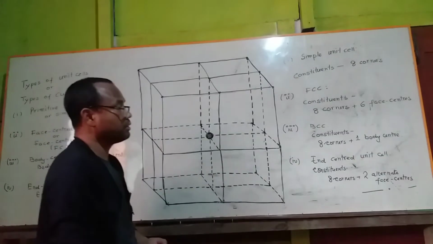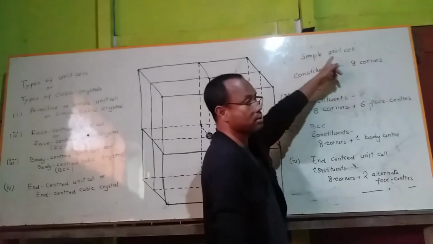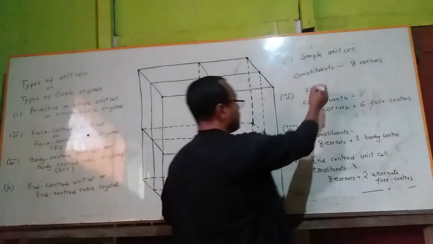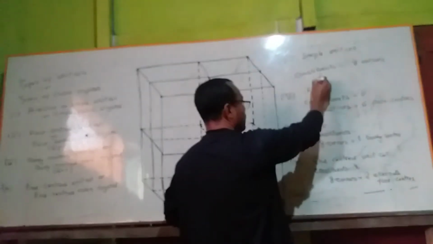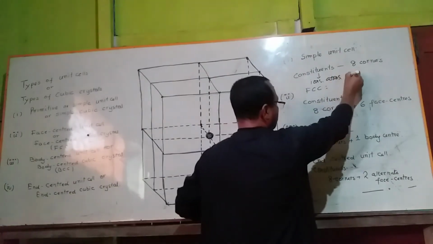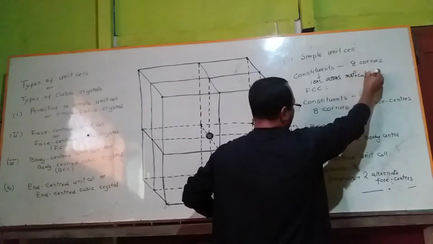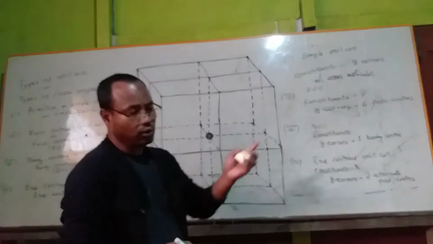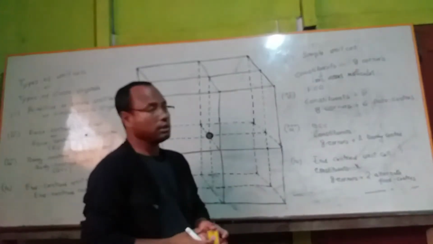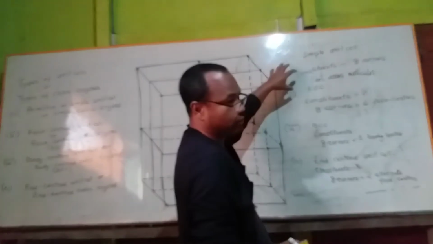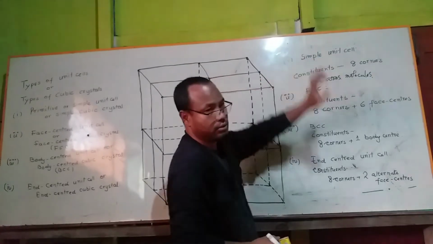I hope you remember that the constituents may be ions, atoms, or molecules. One of these constituents is present at all the corners of the unit cell. Here there are 8 corners. So this type of unit cell we call the simple unit cell.